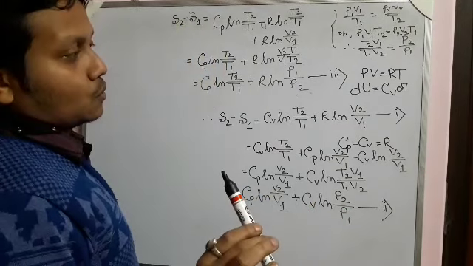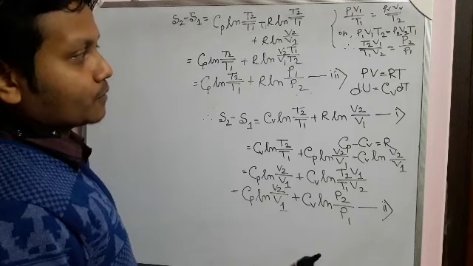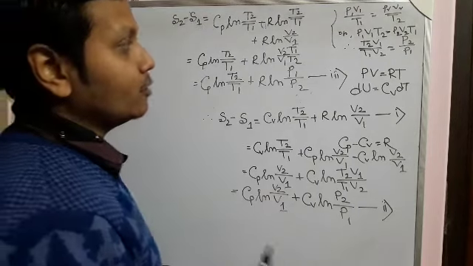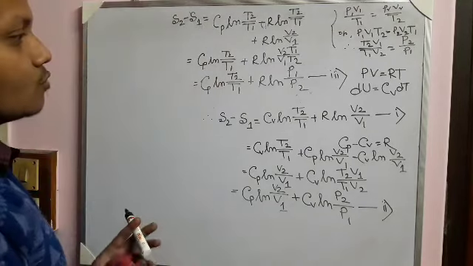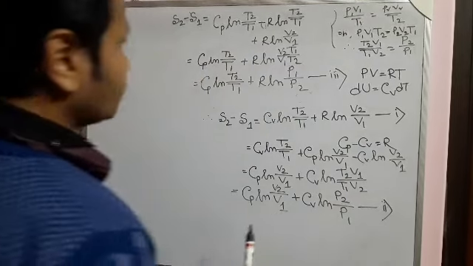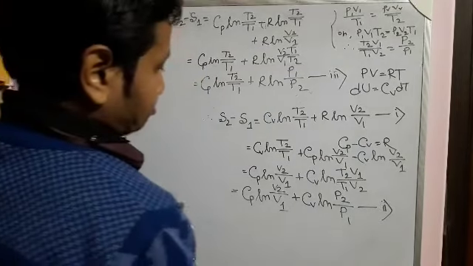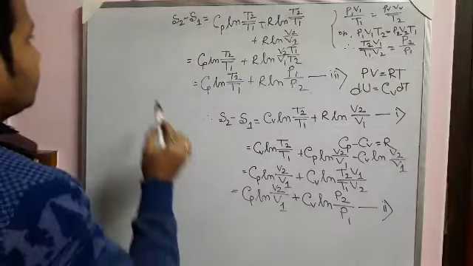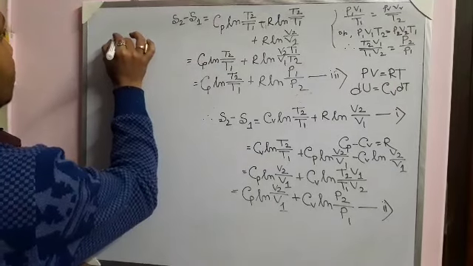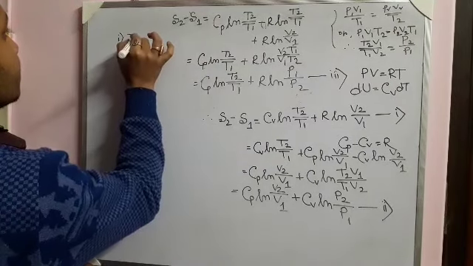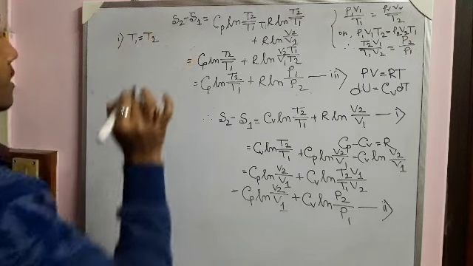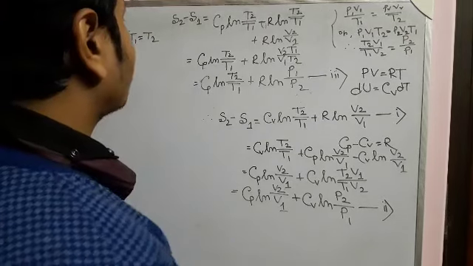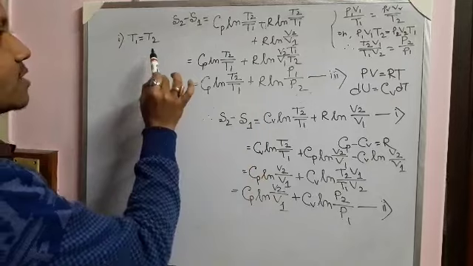Okay, so let us check whether these equations are valid or not. So how we can check it? If you simply take an isothermal process, that means temperature remains constant.